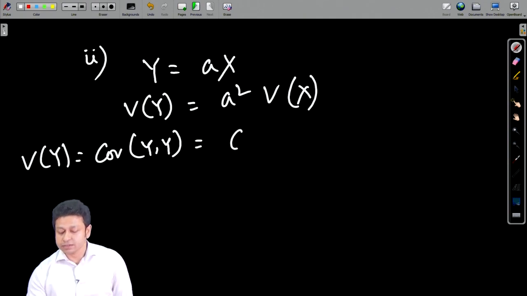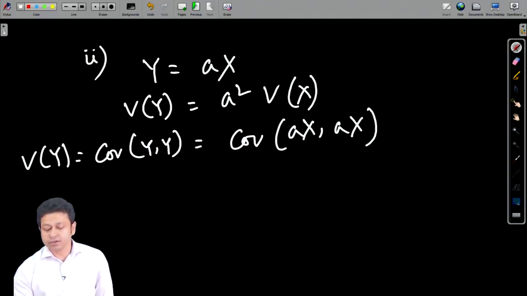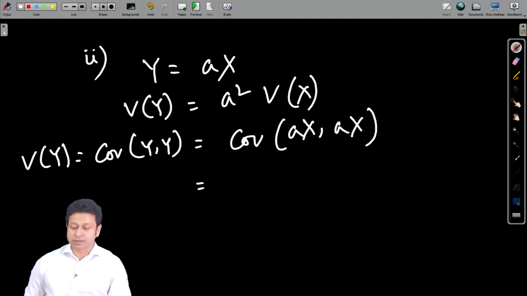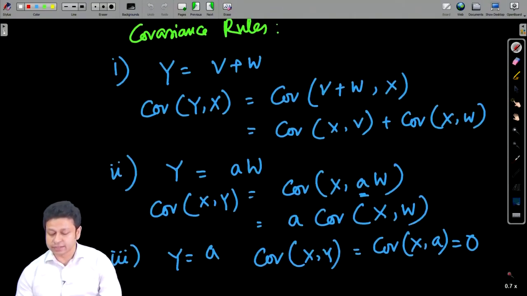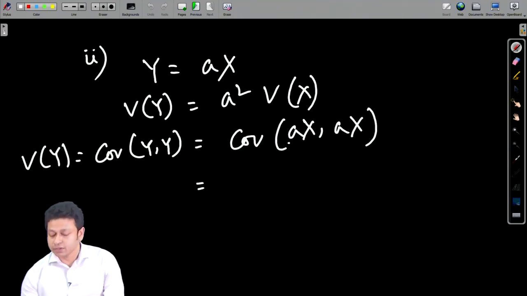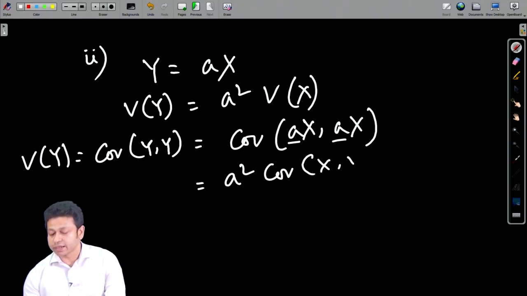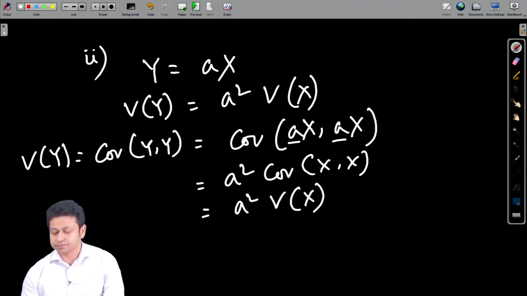So you are going to have cov a x comma a x, and you can go back to the formula where we took the constant term out. We are going to have 2 constant terms, so a square cov x comma x, which is basically a square variance of x.